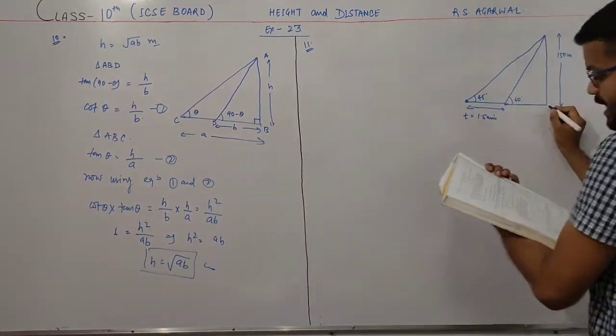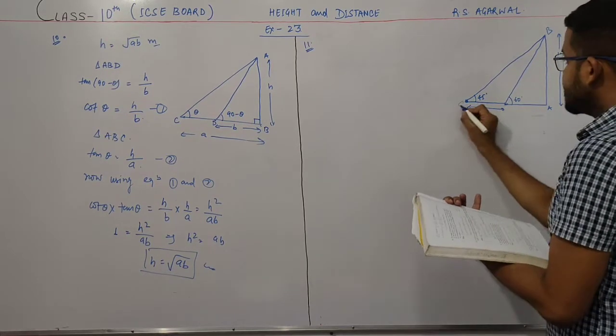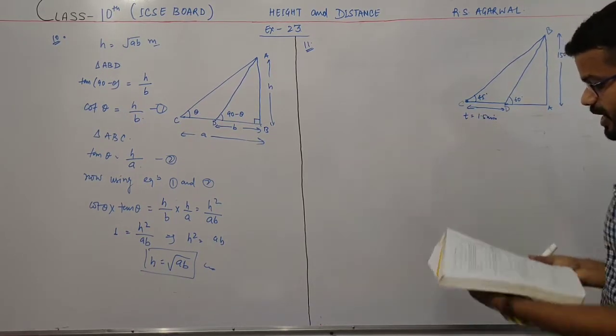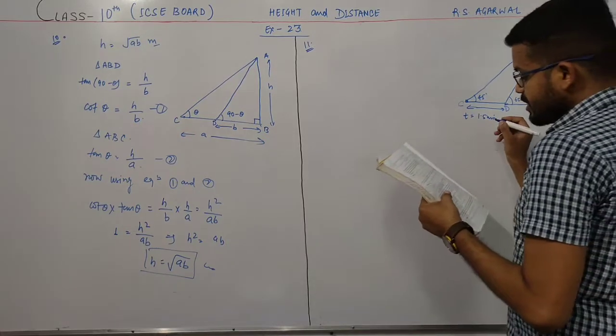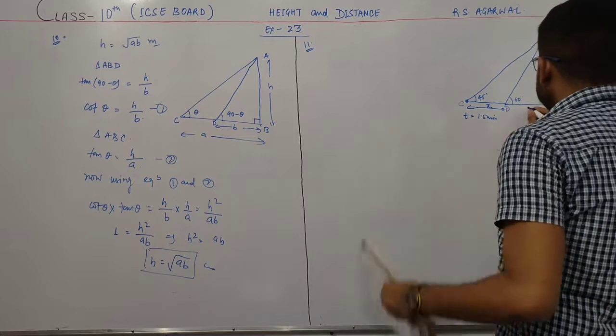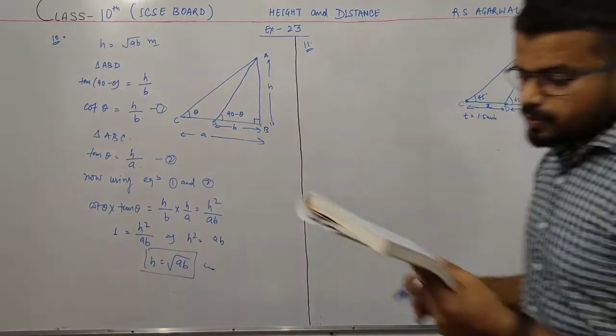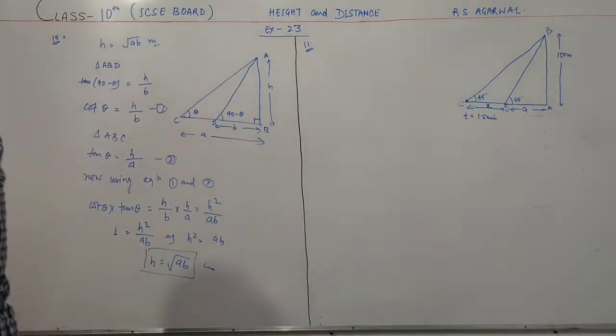This is A, this is B, this is C, and this is D. Here this is x and this is a. So we have to calculate the speed of the boat.